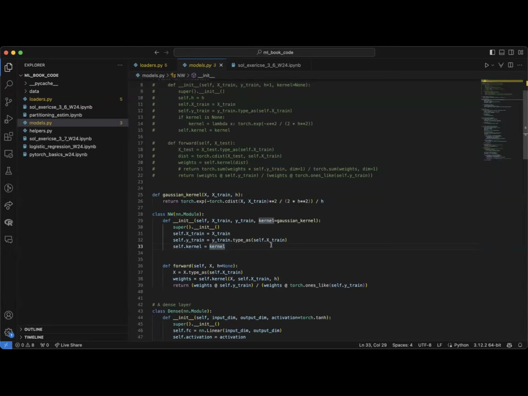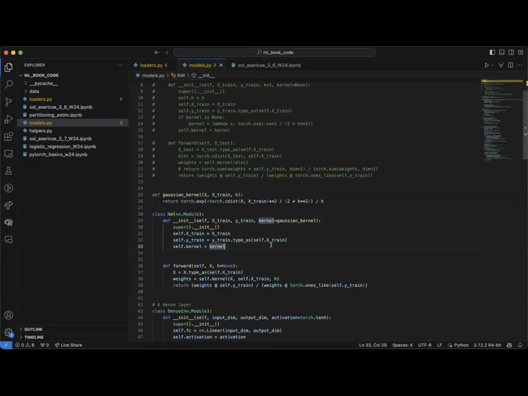So what happens, for example, when I create a model? I give it the initialization, for example X train, Y train, and the kernel is a Gaussian kernel. Now this is an object.